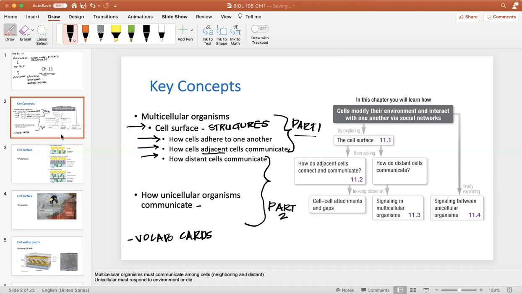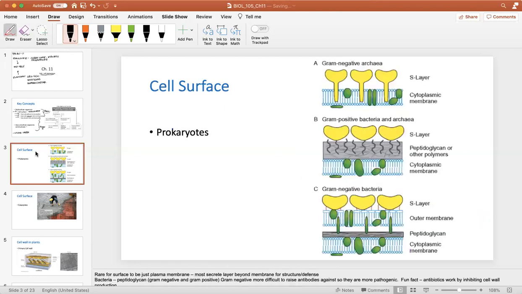All right, let's start out thinking about the surface of cells, okay? And as you know, cells come in 2 flavors, right? They come in prokaryotic and eukaryotic flavors. So let's think about the cell surface of prokaryotes for just a minute. Now, we've talked fairly extensively about the plasma membrane of cells, and so we've sort of treated that as the external barrier of cells.